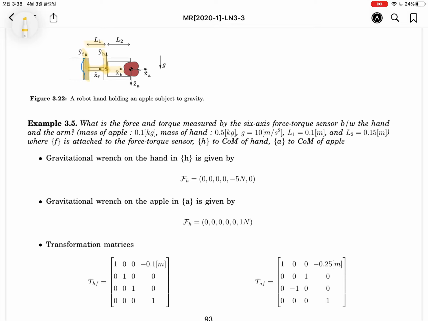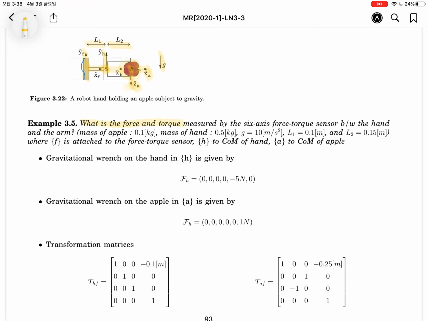The distance will be L1. L1 is 10 centimeter, 0.1 meter. And then the robot hand is grasping the tool. Okay, this is the center of mass. Let's attach the x and y coordinate denoted by A, x_A and z_A. The distance will be L2, and then the gravity is going downward.